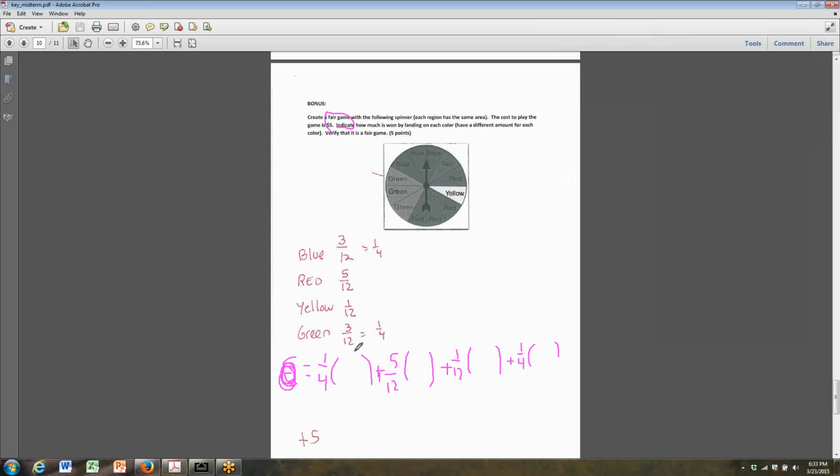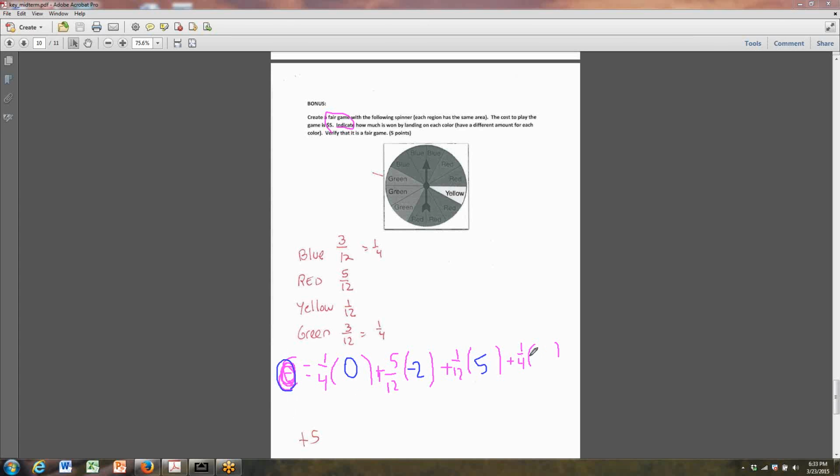For example, for blue, let's say if you get blue, you're going to break even. Okay? So you're going to win $5, but you have to pay $5. For red, let's just say you're going to lose $2. Okay? For yellow, let's just say you're going to win $5. Okay? You know this whole thing has to be 0.